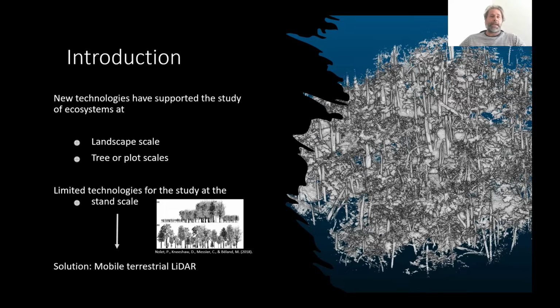Probably the mobile LiDAR technique can be useful to have a better precision and a better description at the stand scale. For those who are not aware of what mobile terrestrial LiDAR is, I'll show you right away.